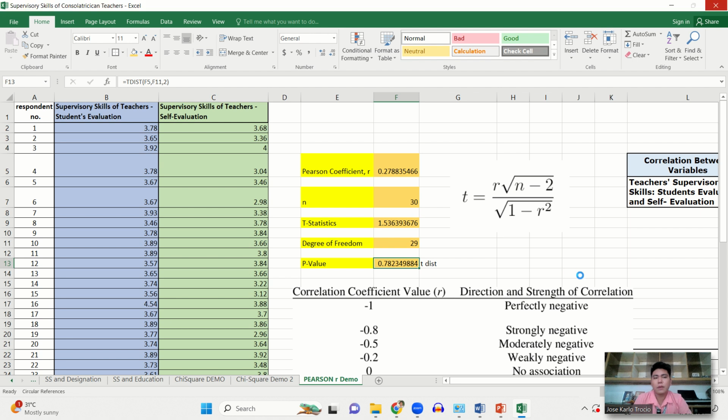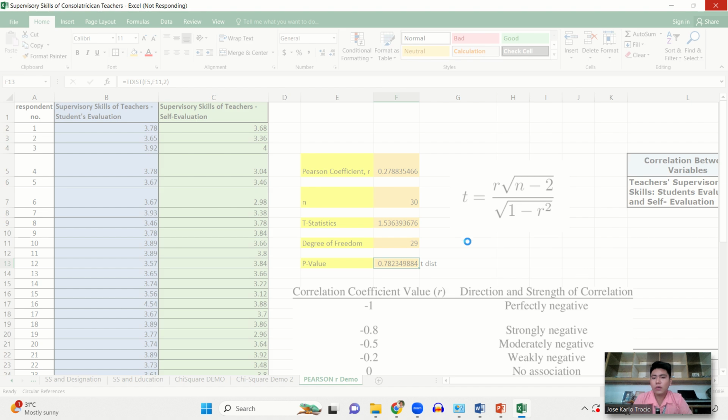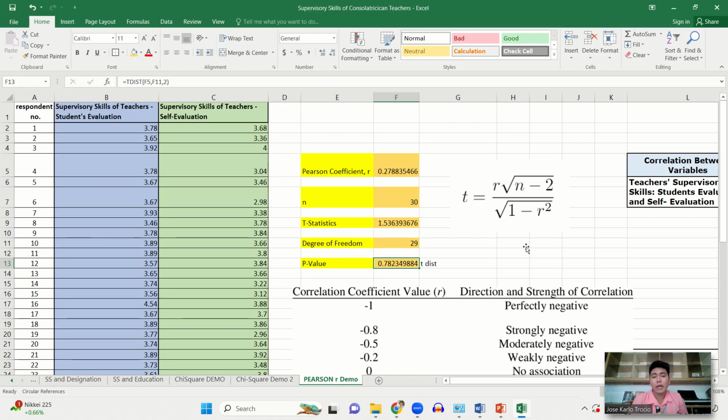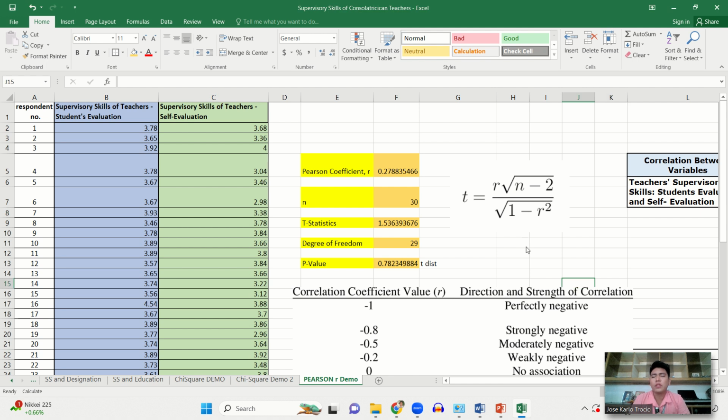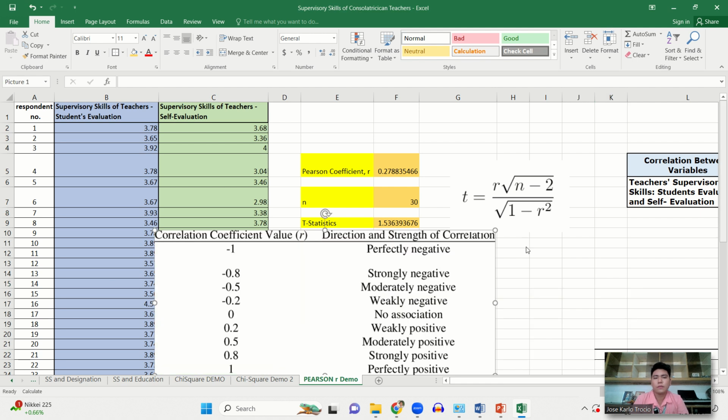And also, for the p-value, which is 0.78, we know that the alpha is 0.05. If the p-value is greater than the alpha, then we accept the null hypothesis that there is no significant relationship between the two.